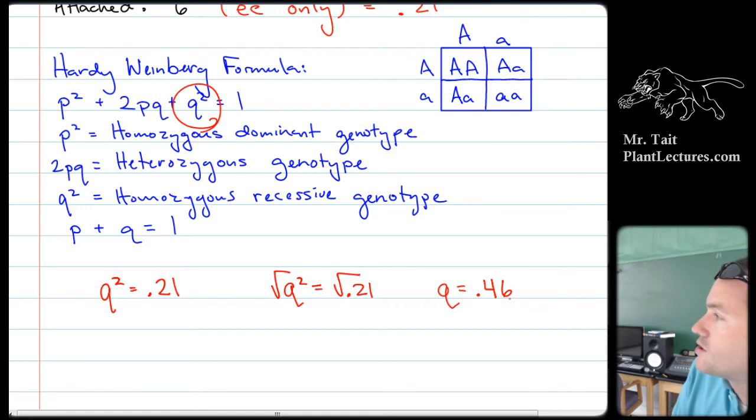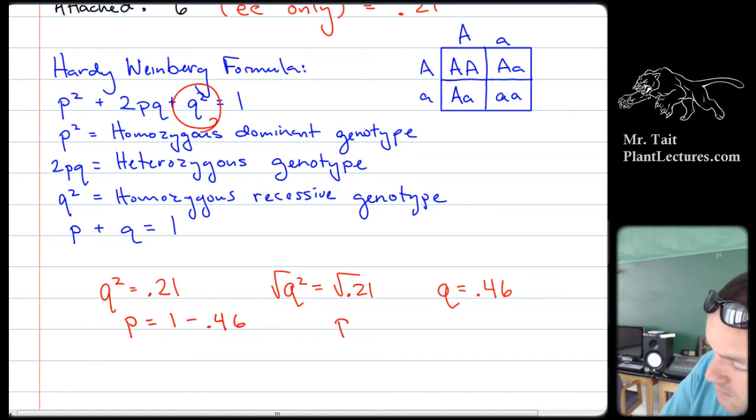Then I know that p can be found by taking 1 minus q. So p is equal to 1 minus 0.46, which is 0.54.